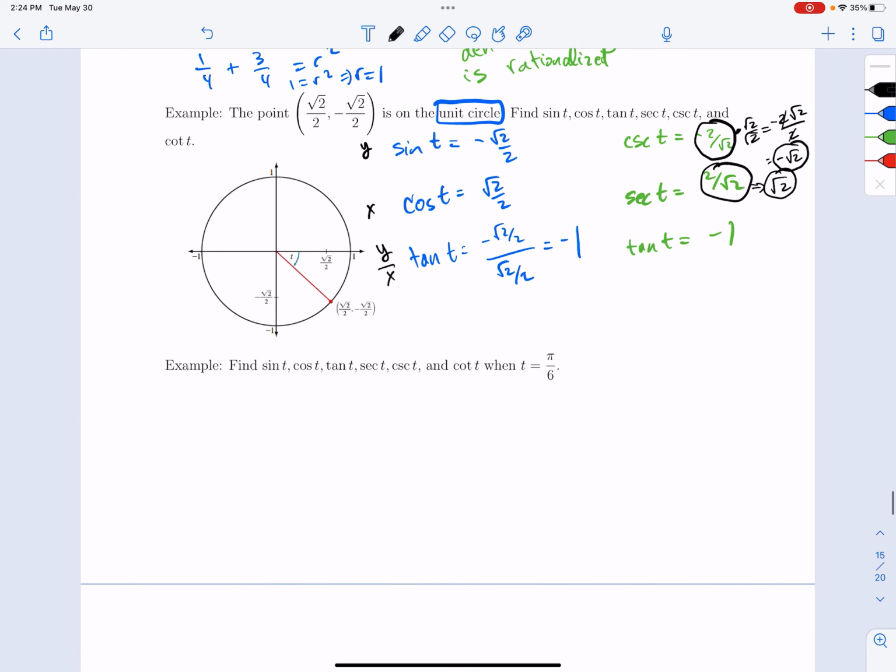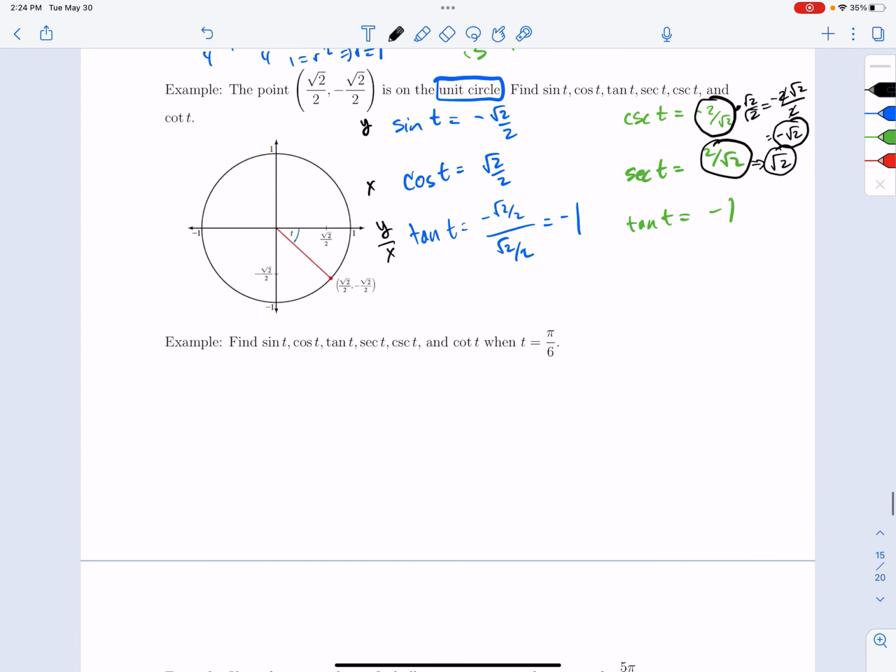All right, the next example says, find the value of the 6 trig functions when we have an angle of pi over 6. So pi over 6 is here. That is one of the values on the unit circle. And the coordinates that correspond to pi over 6 are root 3 over 2, comma, 1/2.